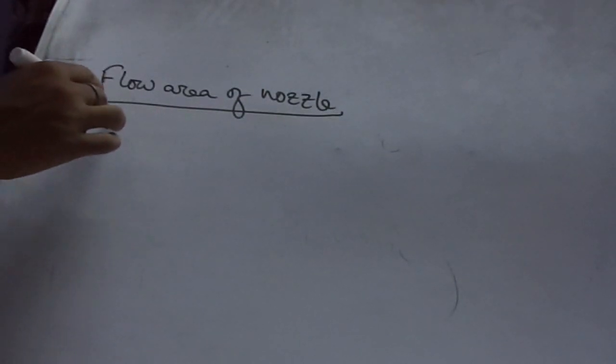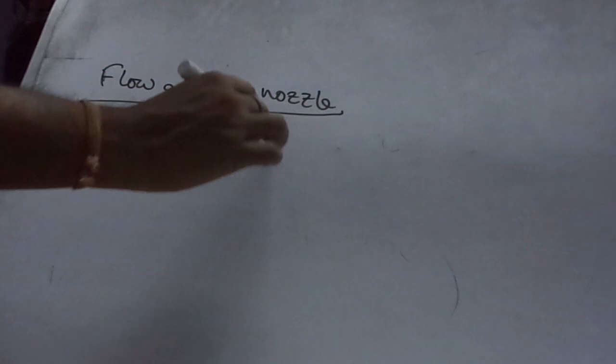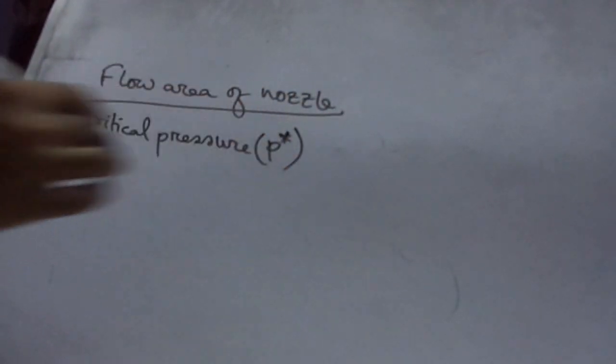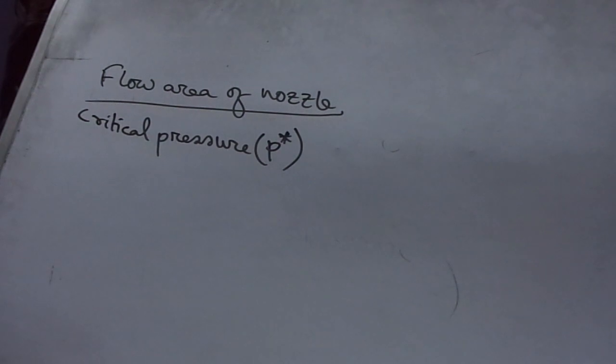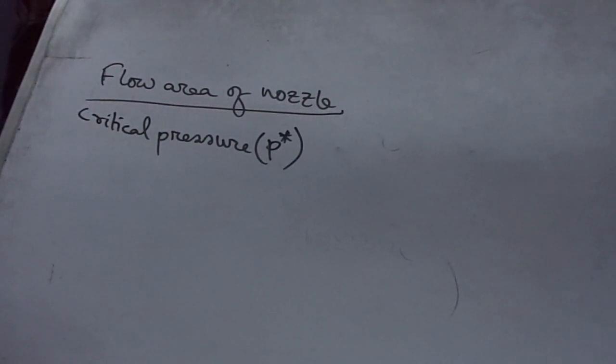Critical pressure P star can be estimated by multiplying the inlet pressure P0 by 0.546 or 0.577 depending on whether the inlet steam is superheated or dry saturated. If the exit pressure is given and nozzle efficiency is known, the exit velocity of steam as well as the critical velocity of steam can be estimated.